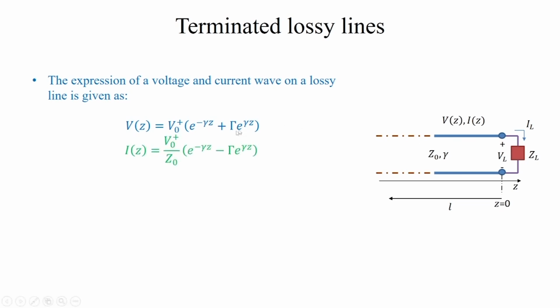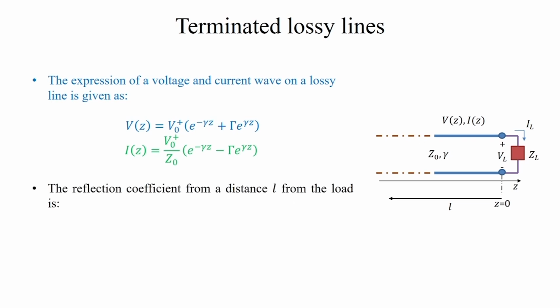Here gamma is the reflection coefficient at the load, and we have seen that gamma is equal to ZL minus Z0 divided by ZL plus Z0.